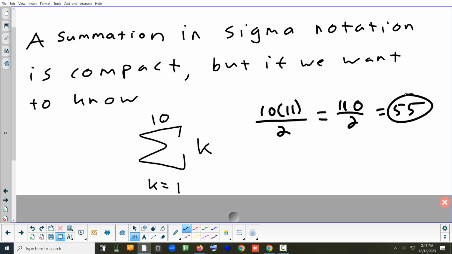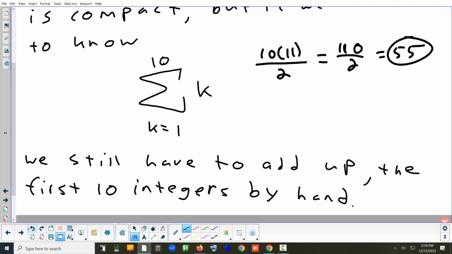And I did that very fast, without thinking, okay, 10 plus 9 is 19, plus 8 is 27, or whatever. I figured it out using a shortcut. And I'm going to show you what that shortcut is. Without the shortcut, you still have to add everything up by hand.